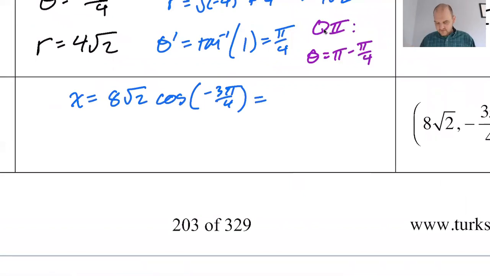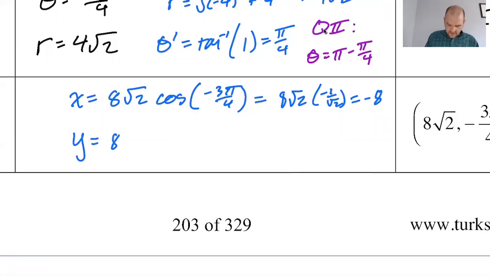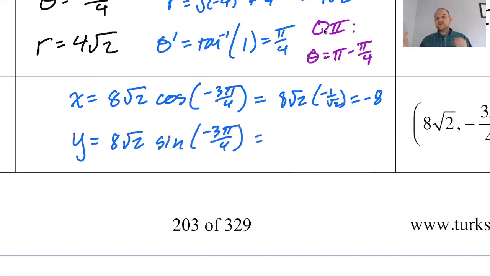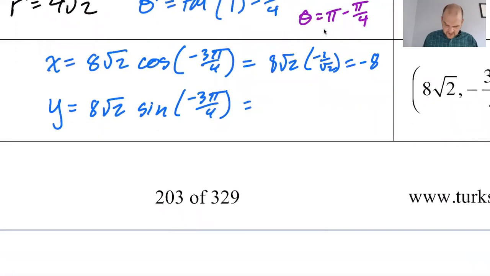In this case, that's very convenient, because you get 8 root 2 times negative 1 over root 2, which is just negative 8. And then y is going to be 8 root 2 times the sine of negative 3 pi over 4. In the third quadrant, sine and cosine are both negative, and for all the pi over 4 angles, the absolute values of sine and cosine are the same. So this is just going to give me negative 8 again.